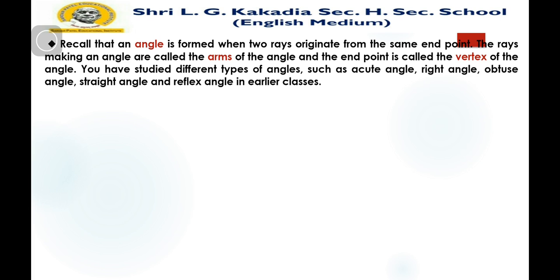Now about angles. We know that if we take two distinct rays whose starting vertex is common, the area between these two rays is known as an angle.